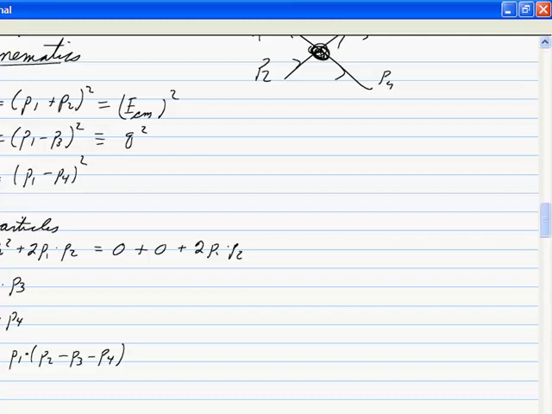By conservation of momentum, P2 minus P3 minus P4 is minus P1. So it's minus 2 P1 dot P1, which is 0. So the sum of S, T and U is 0 in this case.